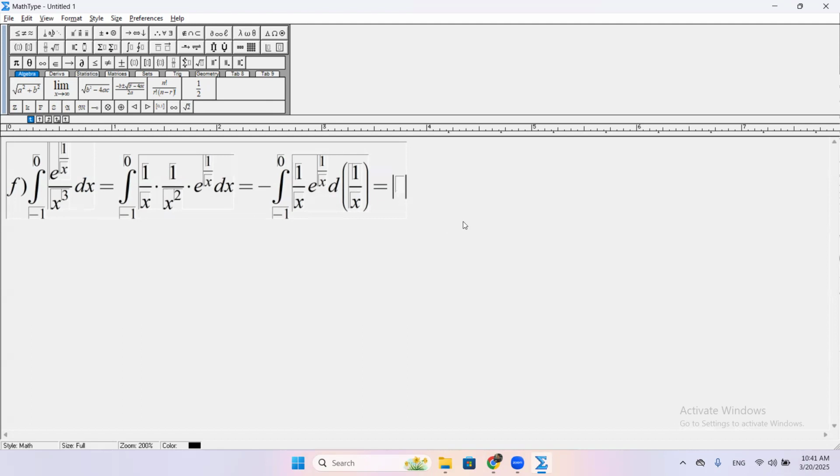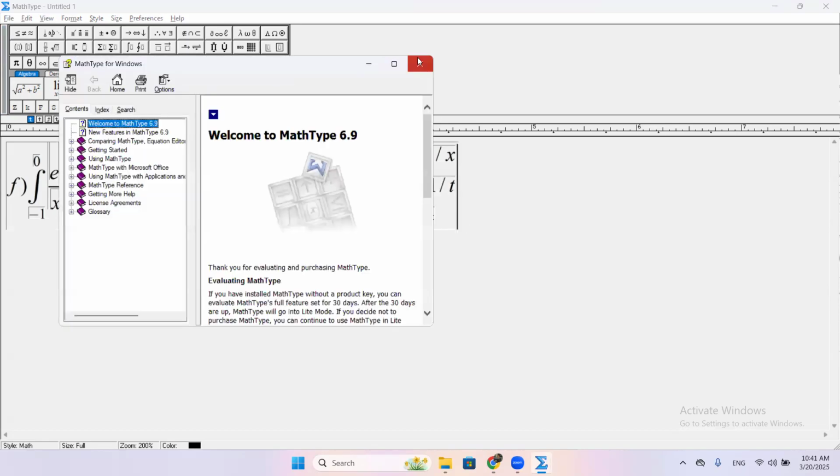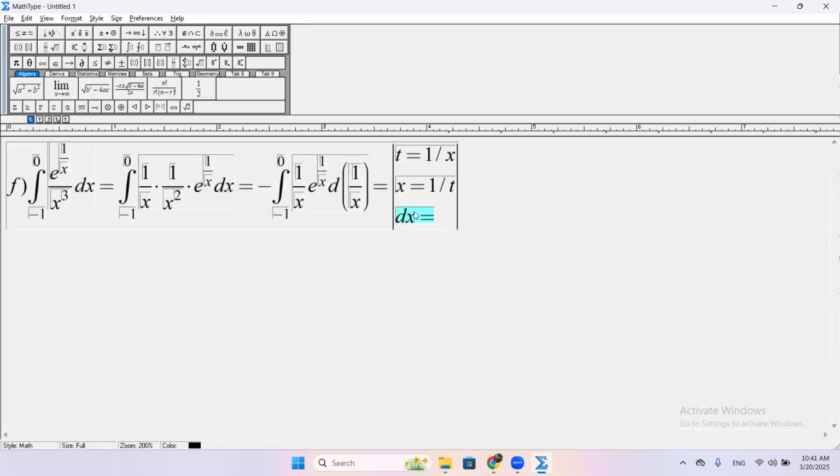Let's substitute t equals 1 over x, so x equals 1 over t, so dx equals... Stop, we don't need to use dx here because we already have dt.